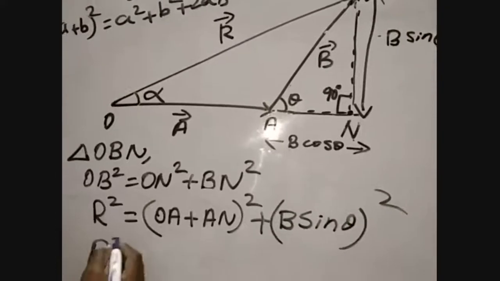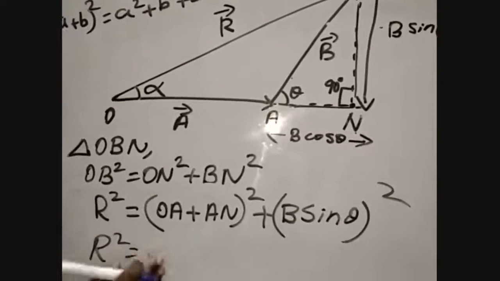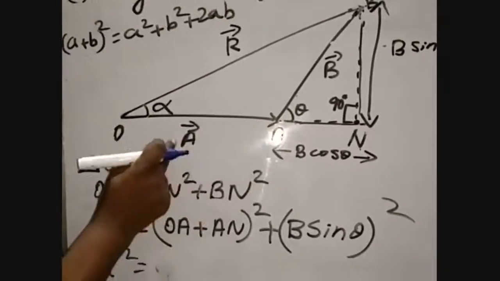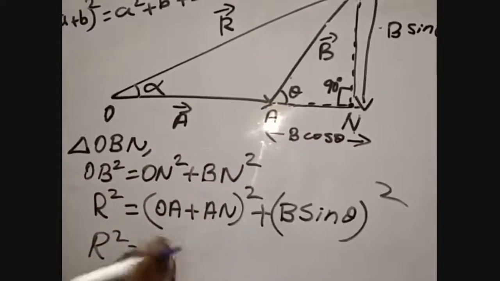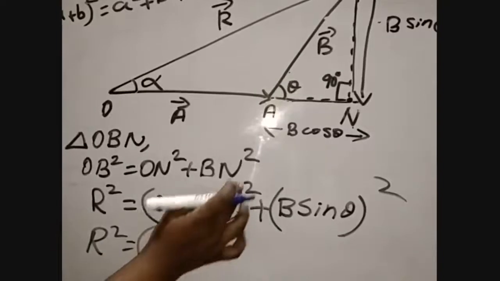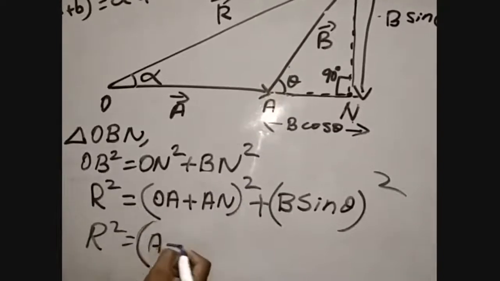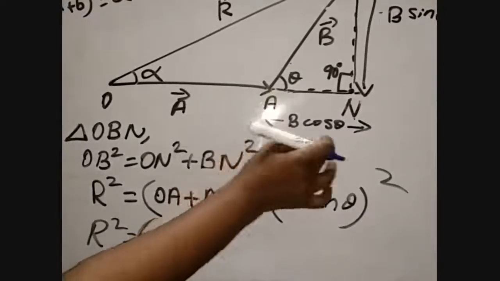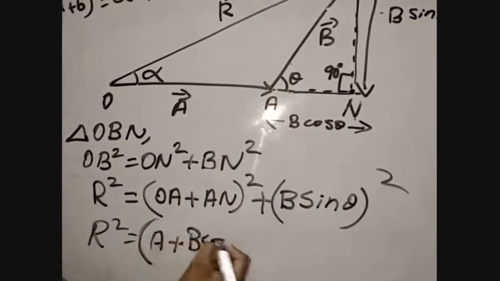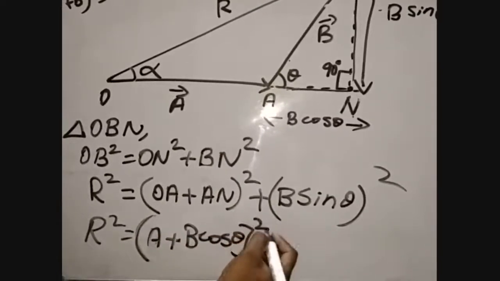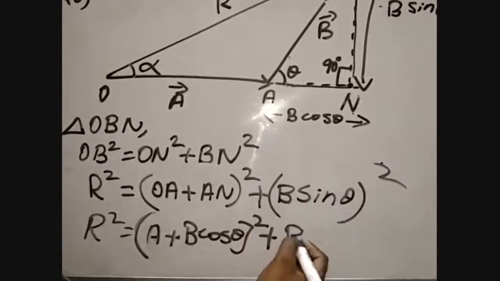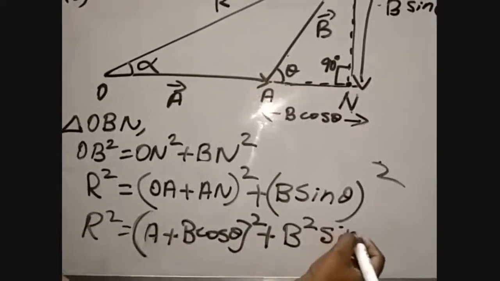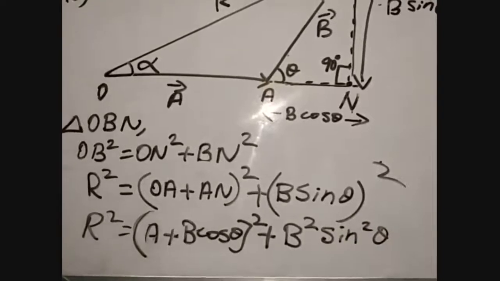Now R squared equals OA, the portion OA is A, so A here. Don't apply the square now. A plus the value of AN, which is B cos theta, the whole square, plus B squared sin squared theta.